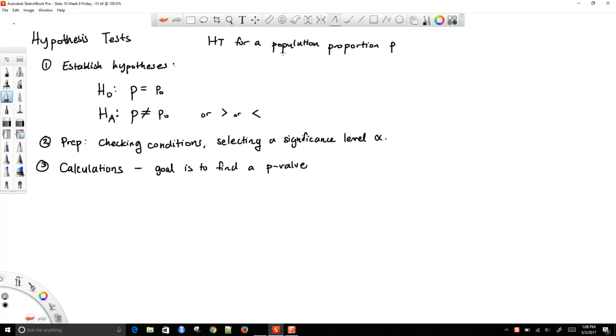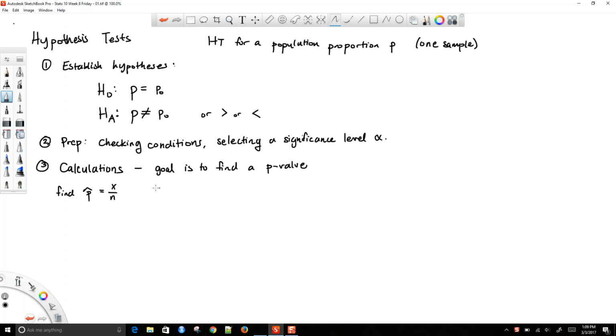So for a hypothesis test for population proportion P, we can also say this is one that deals with one sample. We can break down our calculation step into a few sub-steps. One is that we have to find p hat, which is going to be x divided by n.